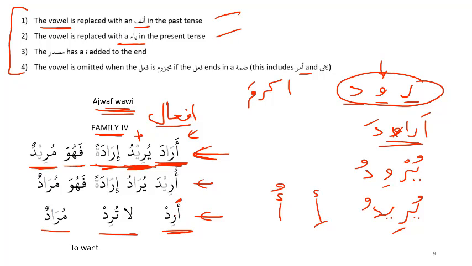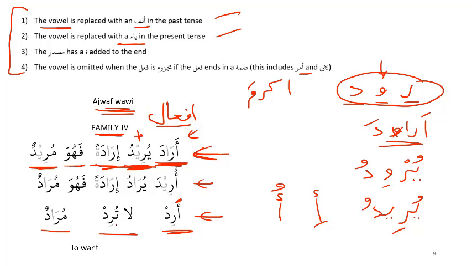And what we are learning here is that with the command and the negative command, nahi, the middle letter is just dropped. So arid is a command and la turid is a negative command.